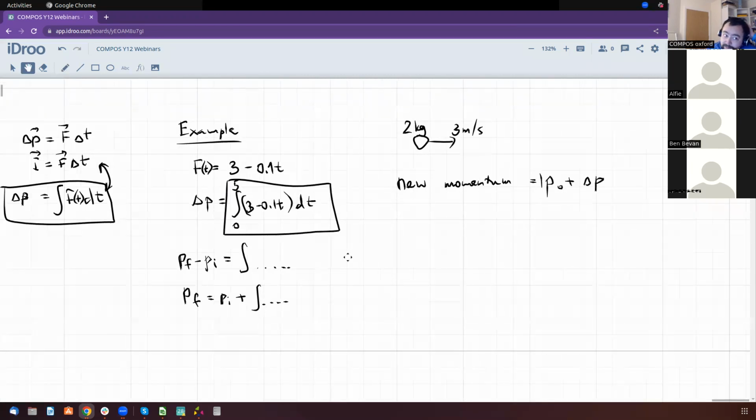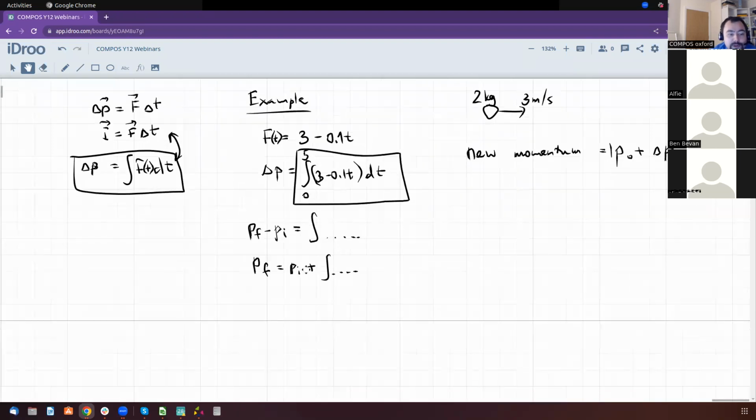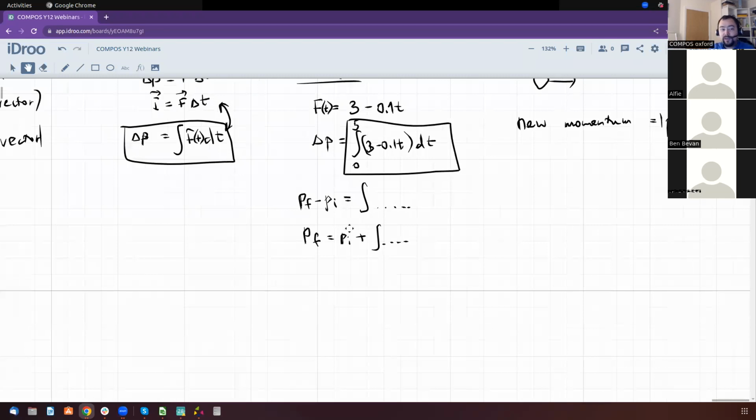Does that make sense? So the integral is just the additional momentum that you gain from the force. If you're stationary and there's a force acting on you, you can find your new momentum by integrating it.